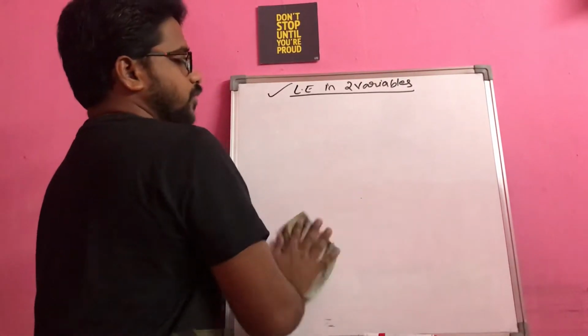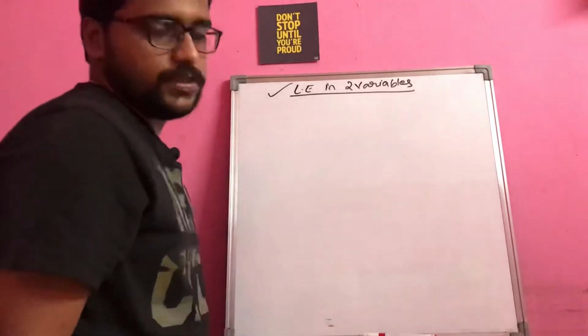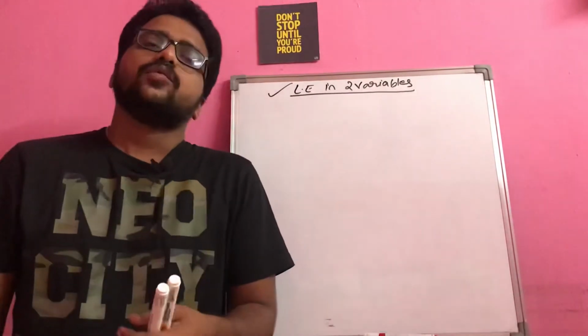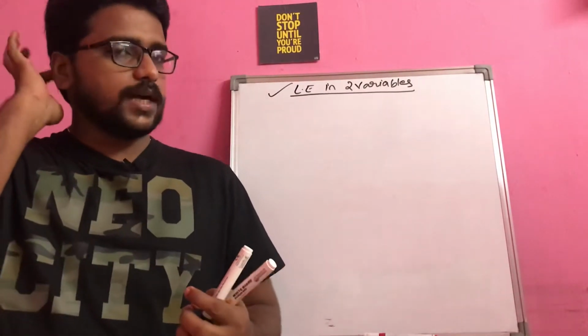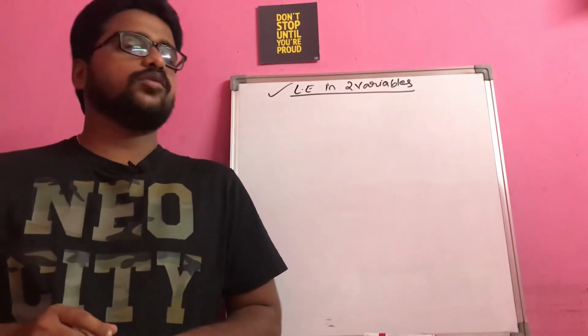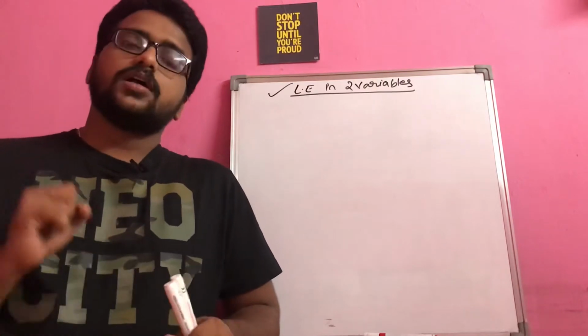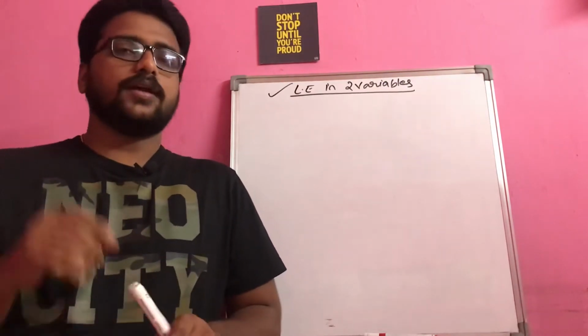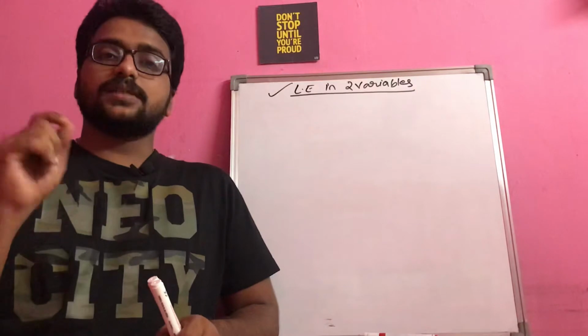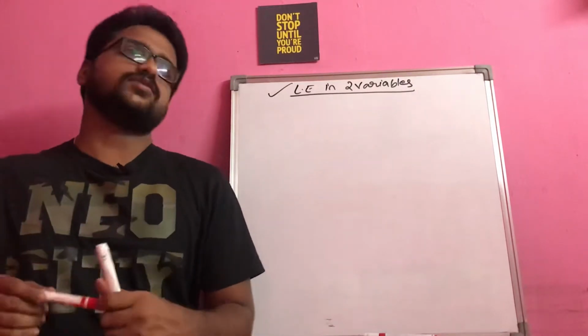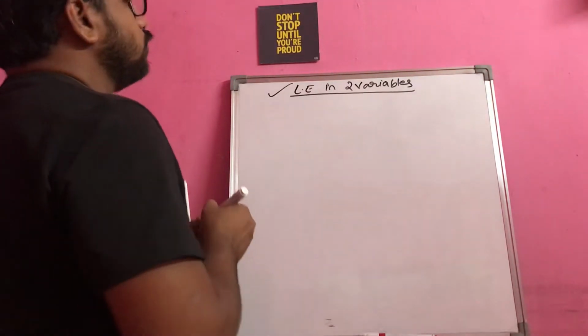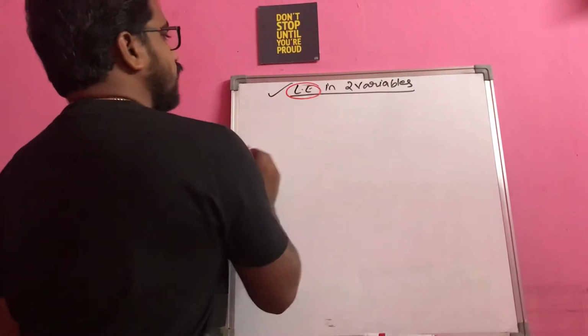Now let us come to the concept, linear equation in two variables. In this class, we are going to see the introduction for this chapter, and then we will see how to identify whether a particular equation will have a solution or not, and how we have to frame that, or how we have to represent them graphically. These are the few things we will see now. Now you can observe here, it's a linear equation.